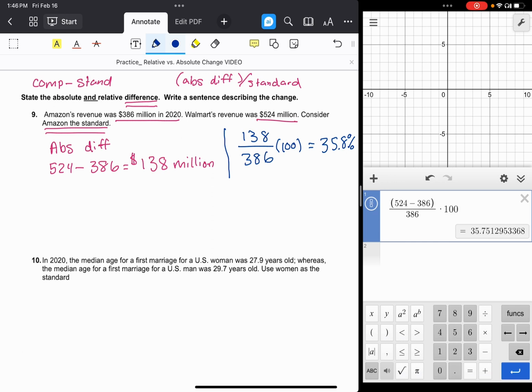And so with these problems, we don't just come up with these values and add a little phrase after it. We like to describe our answers in a sentence because that way we have that, what are we comparing to what? And so in this particular sentence, I would say something like, okay, the value I'm comparing, so Walmart's revenue in 2020 was 138 million or 35.8%.